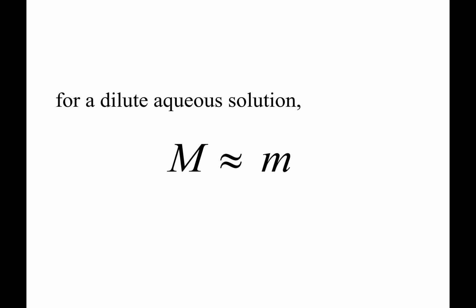If your solvent is water, and you don't have much solute in it, for dilute aqueous solutions, molarity is approximately equal to molality. And again, that has to do with the fact that water has the density it has.